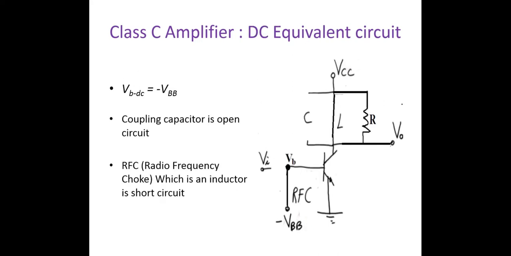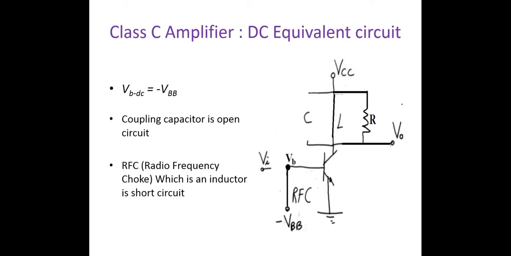So let's first calculate the VBDC. So here you can see the DC equivalent circuit of the class C amplifier. On the input side, the coupling capacitor is open circuit, whereas the RFC is short circuit. So what is RFC? RFC is the radio frequency choke, as we discussed earlier.